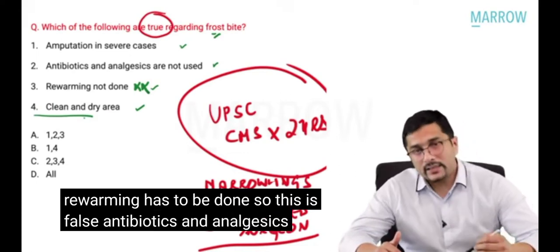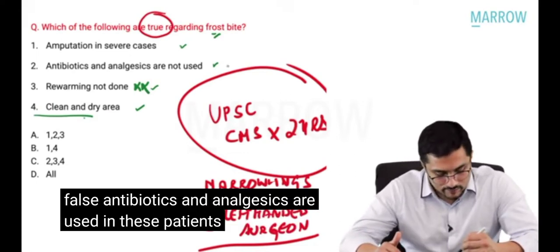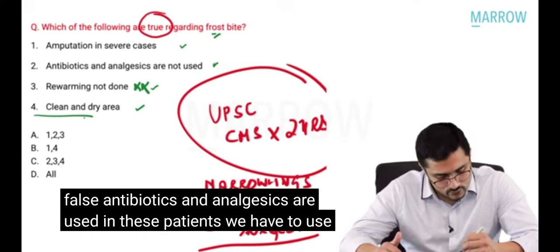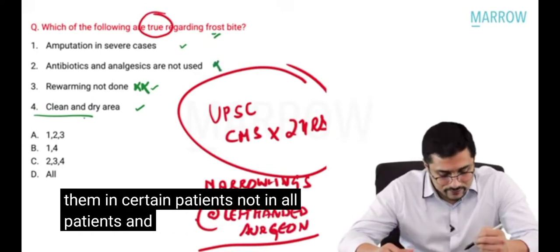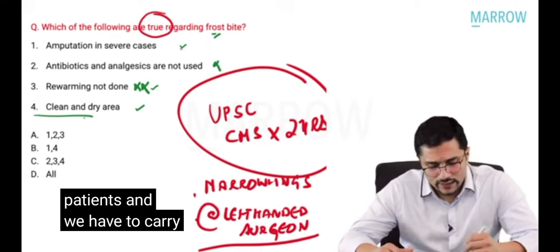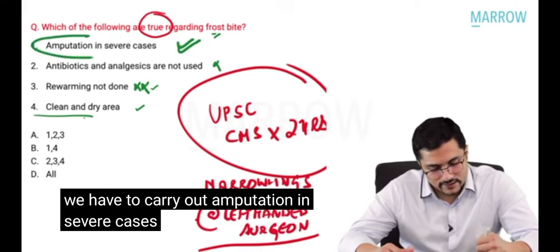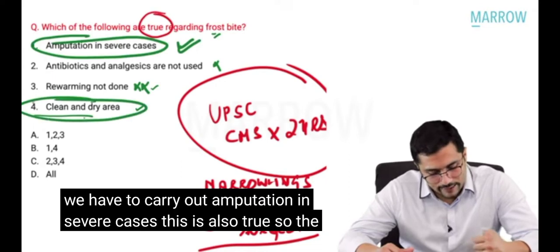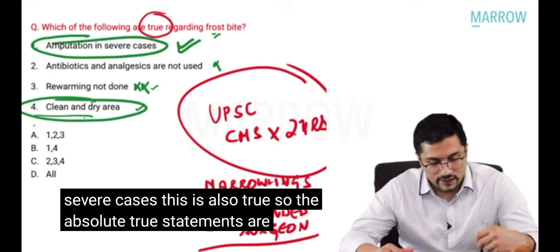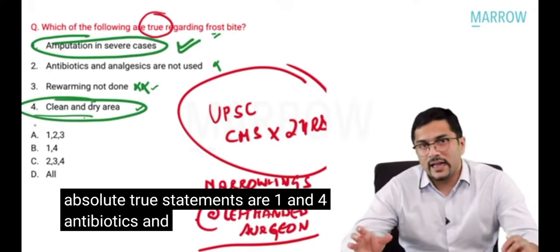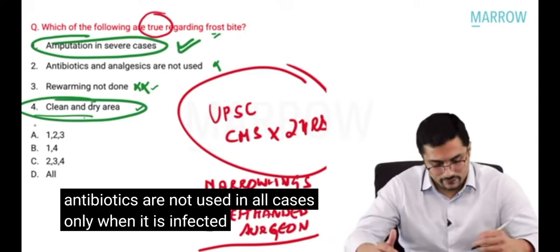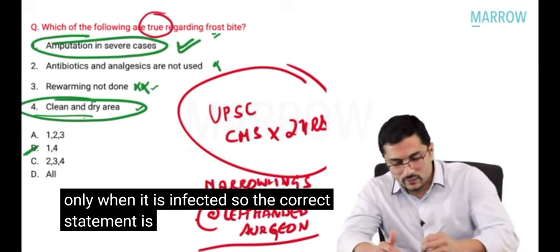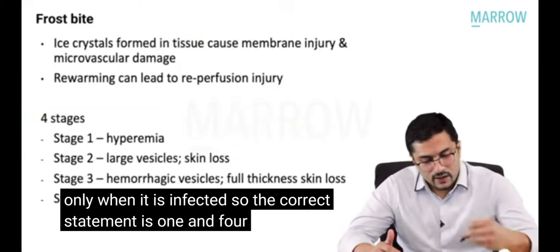Antibiotics and analgesics are used in certain patients, not in all patients, and we have to carry out amputation in severe cases. This is also true. So, the true statements are 1 and 4. Antibiotics are not used in all cases, only when it is infected. So, the correct statement is 1 and 4.